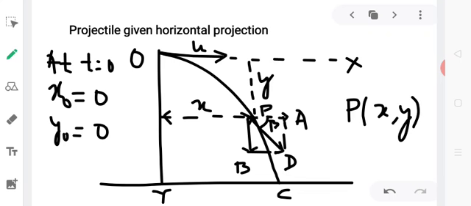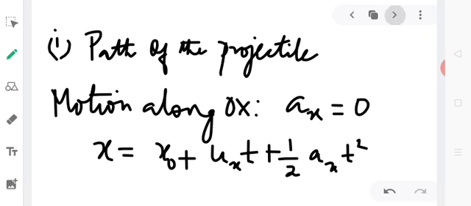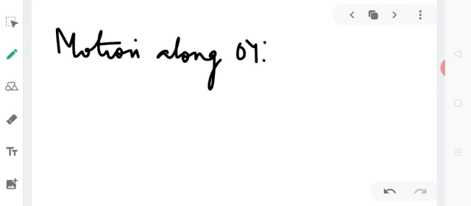Since the vertical velocity of object is increasing downwards due to gravity, hence the acceleration of the object, that is ay along vertical downward direction will be equal to plus g.